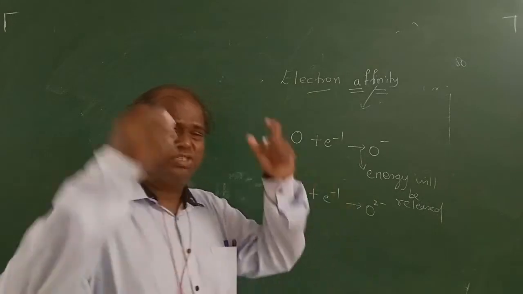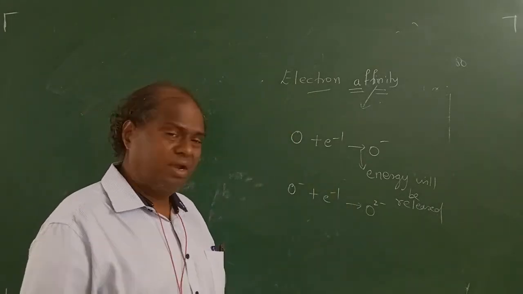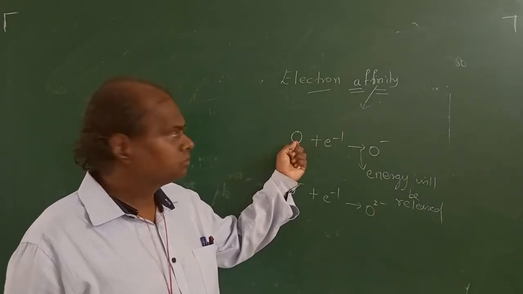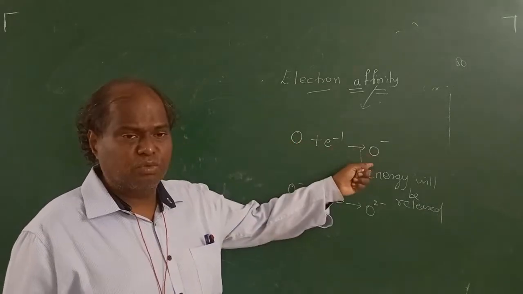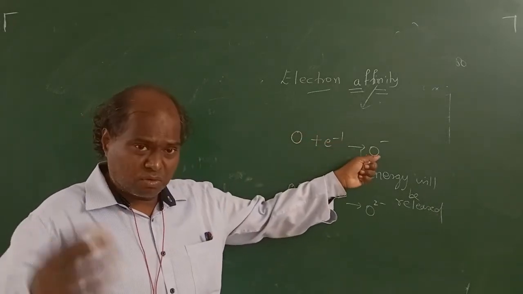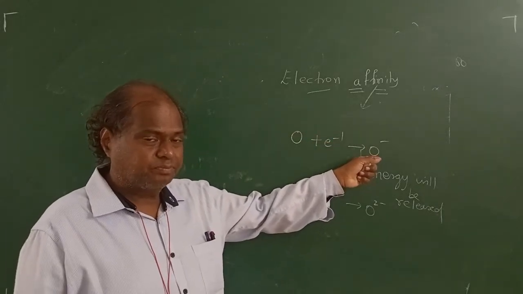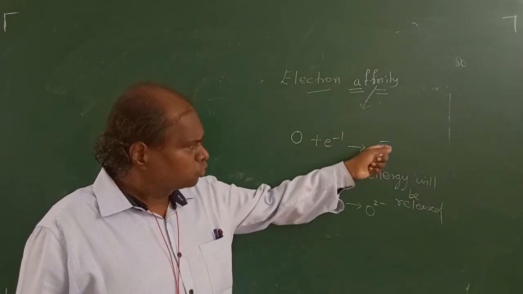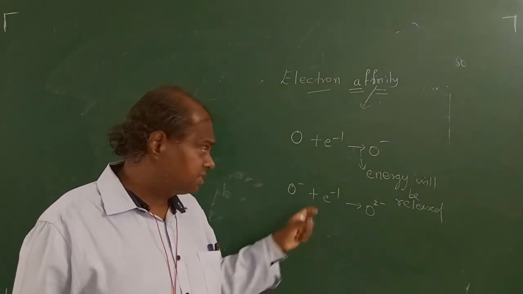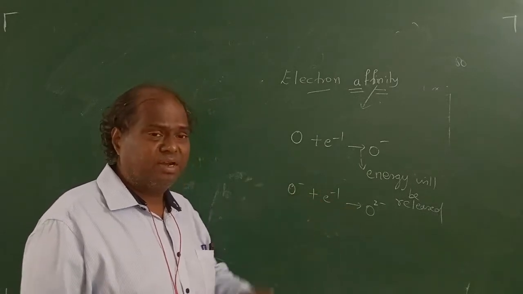One electron you can add. Second electron, too much repulsion. Already there are 8 electrons in oxygen, remember. You're adding the ninth one. Though oxygen likes to have it, the existing electrons will repel. So one electron you have added, energy will be released. But the second electron is very, very tough to add.